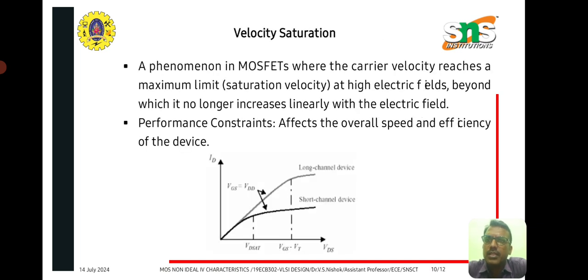It is a phenomenon in MOSFET where the velocity reaches a maximum limit, that is the saturation limit, at high electrical fields, beyond which it no longer increases linearly with electrical field. Performance constraints affect the overall speed and efficiency of the device.